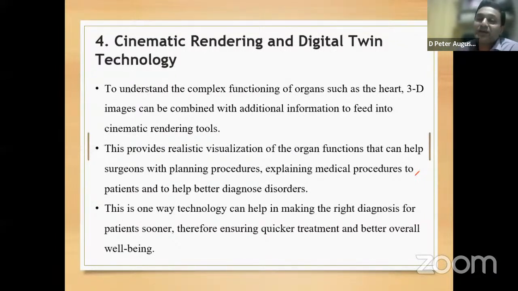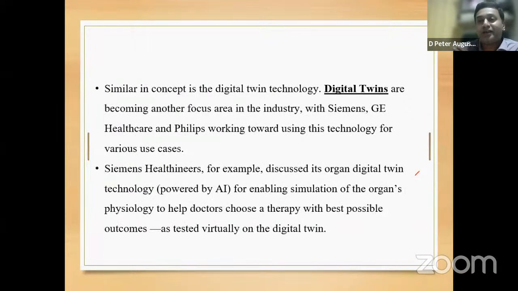The digital twin technology: the digital twin is just like the real one, the corresponding digital one. We are the real one and the digital one is the copy of this one. They are working on this, and it can give the best knowledge of the real one.